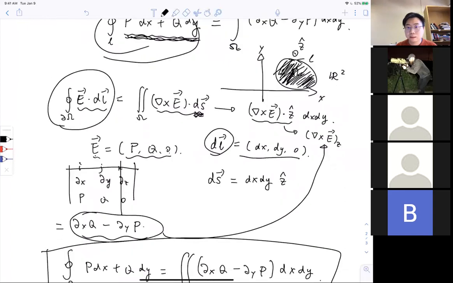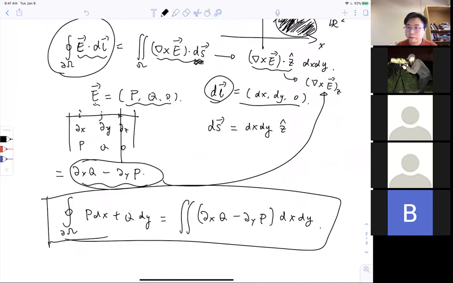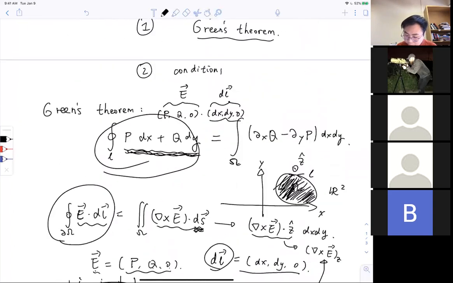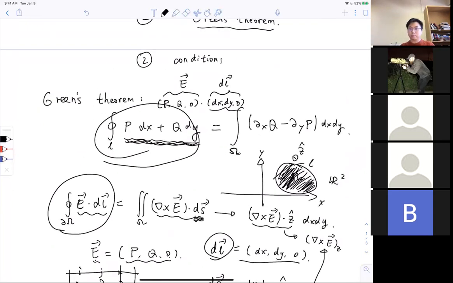So it's just a 2D version of Stokes theorem. For Stokes theorem, we can choose the surface generally in 3 dimensions. It's a surface in 3 dimensions. But here for the Green theorem, the surface is flat.